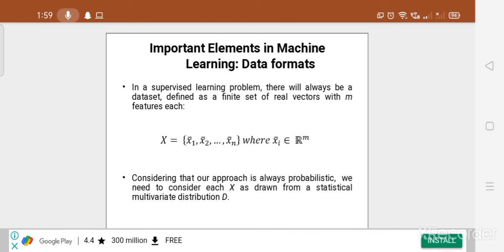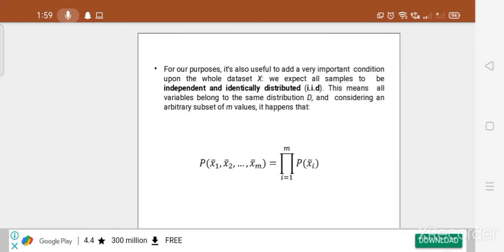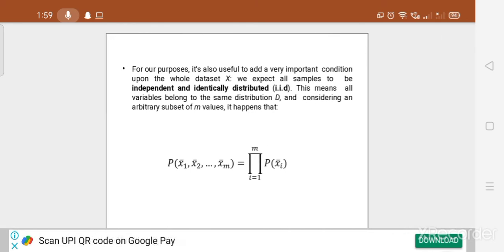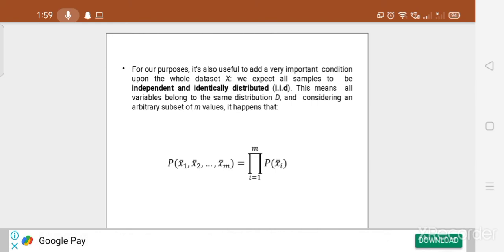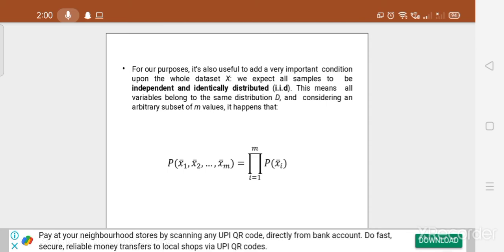Okay, so considering that our approach is always probabilistic, we need to consider each x as drawn from a statistical multivariate distribution. For our purposes, it's also useful to add a very important condition upon the whole data set X. We expect all samples to be independent and identically distributed.